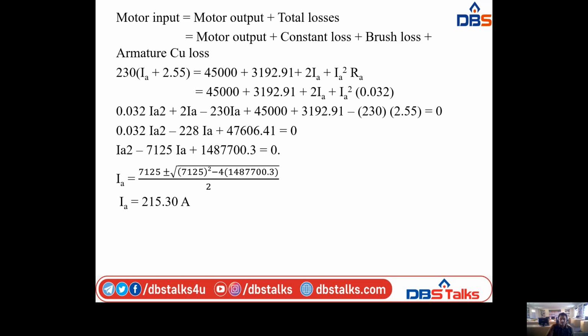You know the formula to solve this type of equation, that is x is equal to minus b plus or minus root of b square minus 4ac, by 2a. So take that formula here.